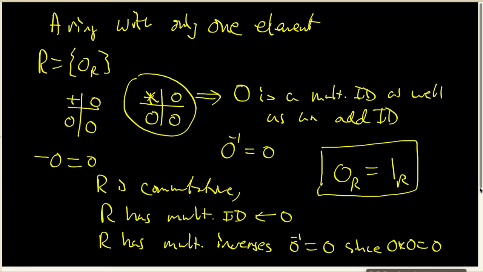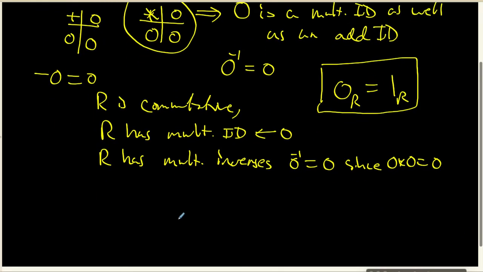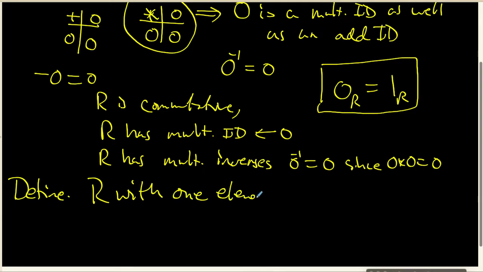So we have a formal definition, if you will, that the ring with 1 element is not going to be considered a field by our author, just by definition.